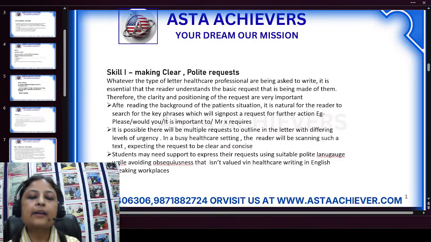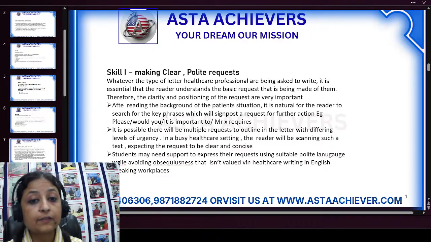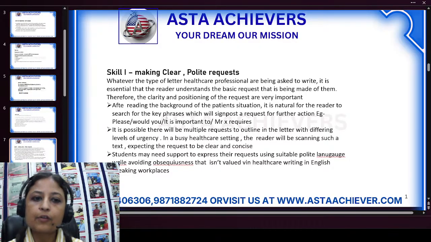After reading the background of the patient situation, it is natural for the reader to search for key phrases which will signpost a request for further information, for example, please, kindly, would you, it is important to, Mr. XYZ requires. It is possible there will be multiple requests in the letter, with differing levels of urgency.